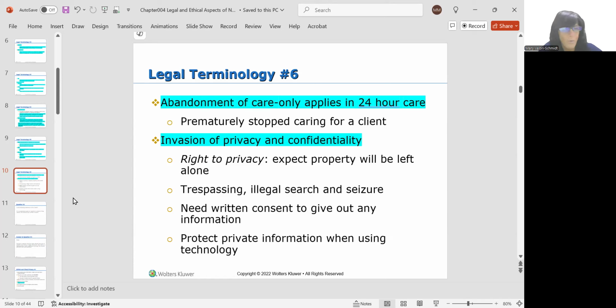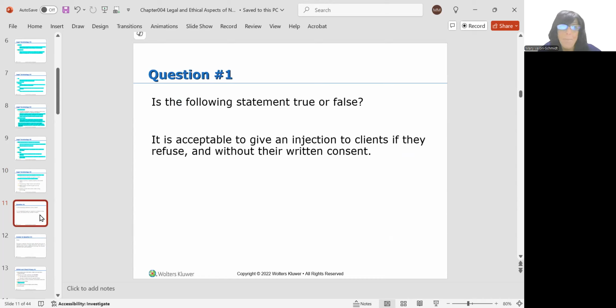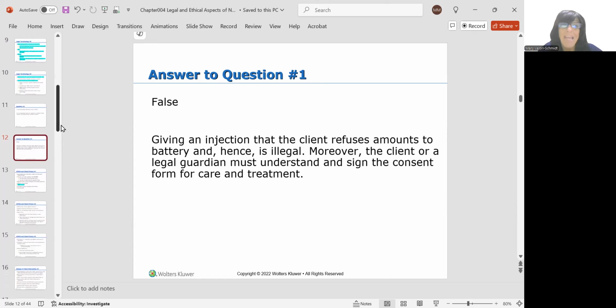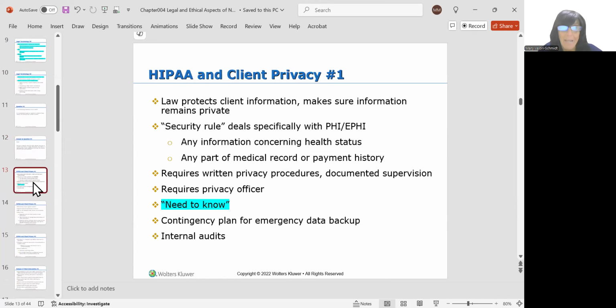Okay. All their information needs to be kept private. It's nobody's business. Okay. Following statement, true or false? It's acceptable to give an injection to clients if they refuse and without their written consent. That's false. Okay. That is battery. Okay. And they have to understand what they're being given and they have to agree to take it.